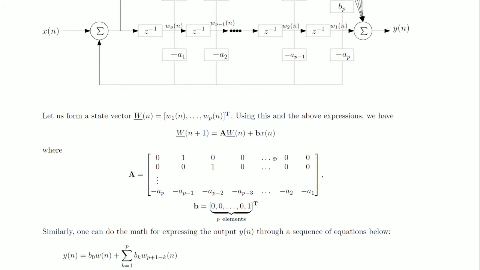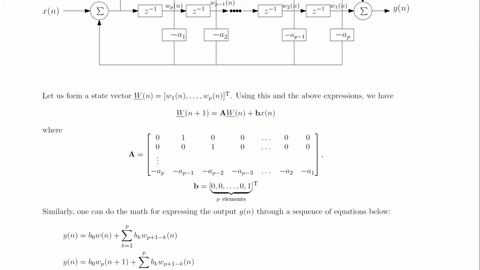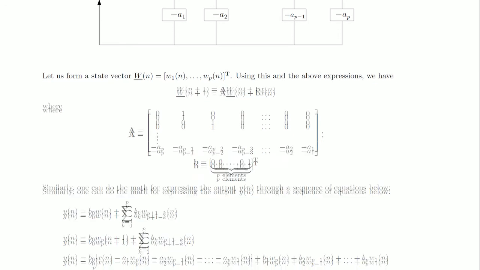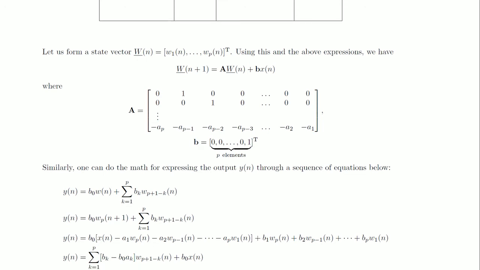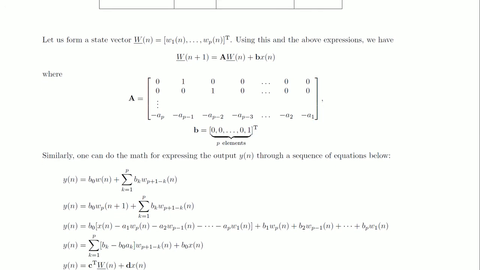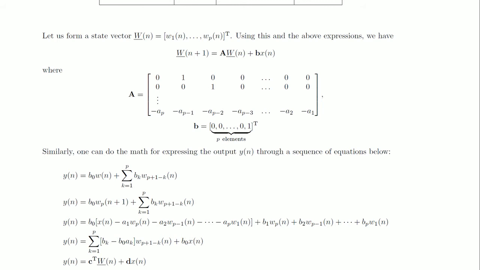Now, we can do the math for expressing the output y(n) through a sequence of equations as below. So, our y(n) is basically b0 times W(n) plus summation b_k W_{p+1-k}(n). These subscripts you should carefully observe as you see through the signal flow graph.